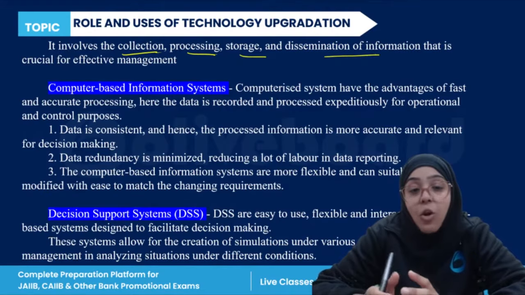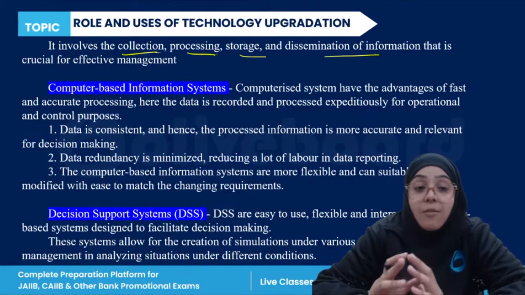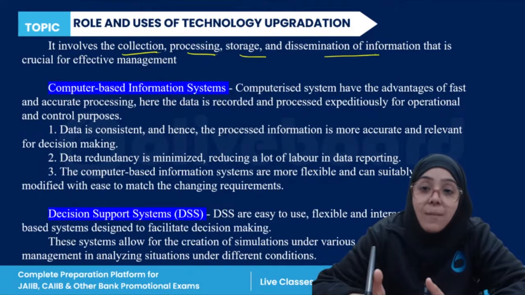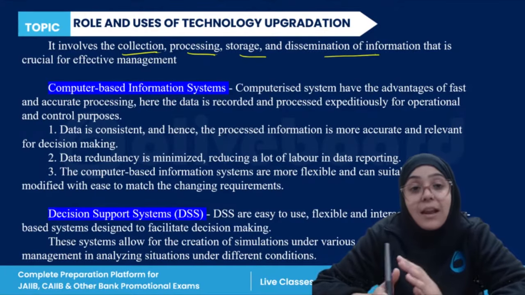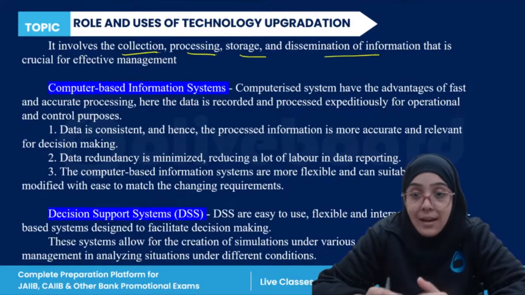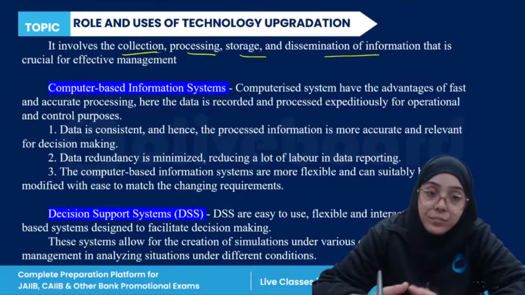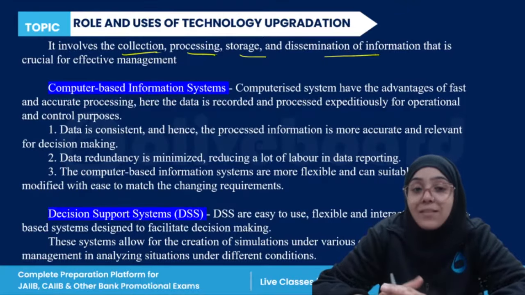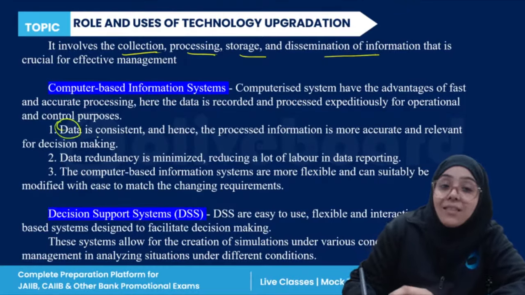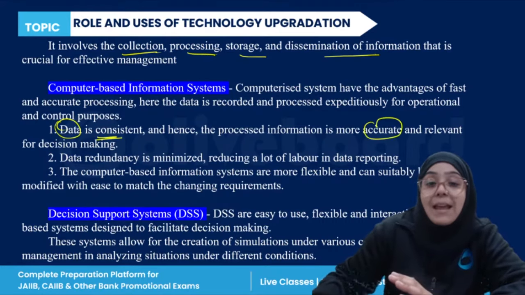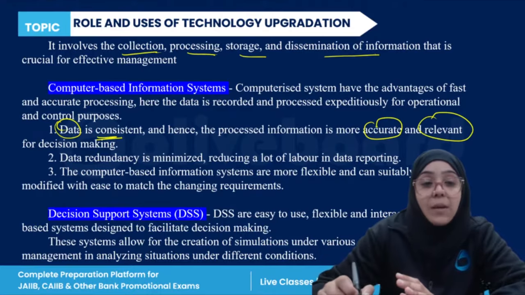So, there are two types of information that are available. First, there is computer-based information. See, a computerized system has the advantage of very fast and accurate processing of data, and here the data can be controlled and processed easily. Now, under the computer-based information system, the data is consistent, hence the processed information is very accurate and relevant for decision making.